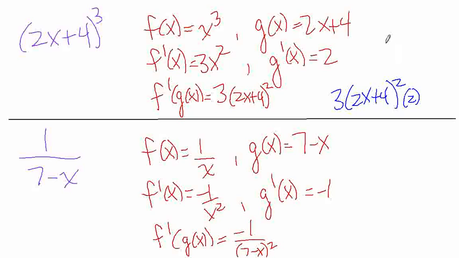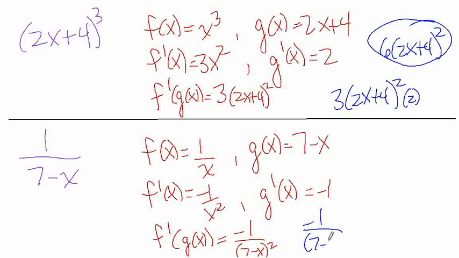Okay, so you can simplify that to 6 times 2x plus 4 squared. The bottom one, minus 1 over 7 minus x squared times minus 1 simplifies to 1 over 7 minus x squared.